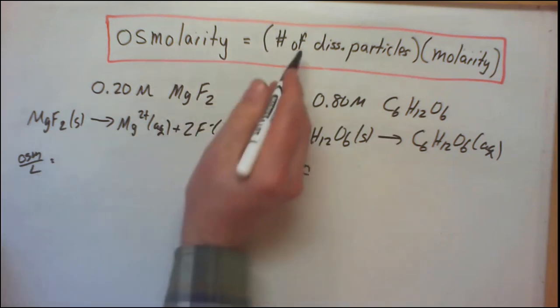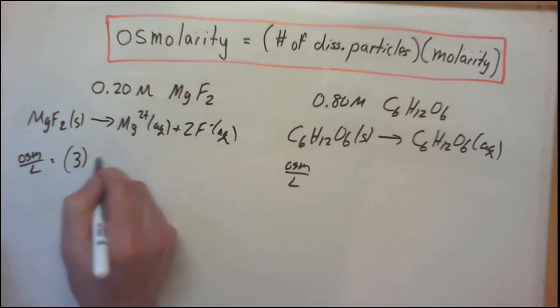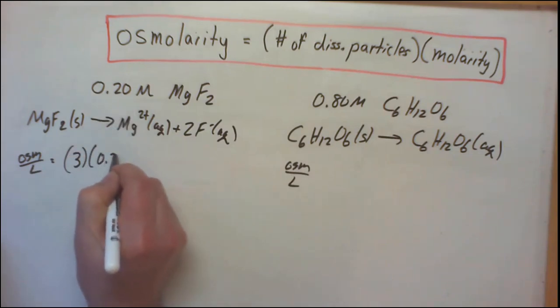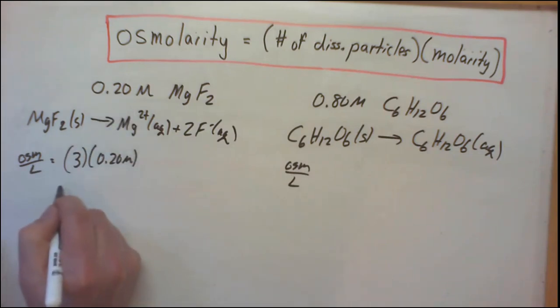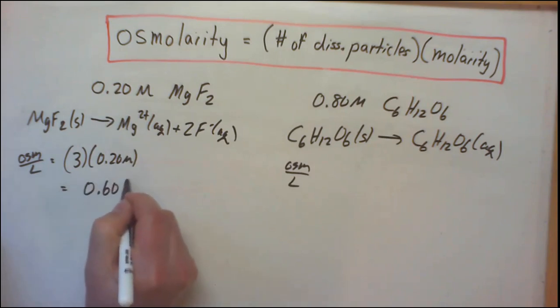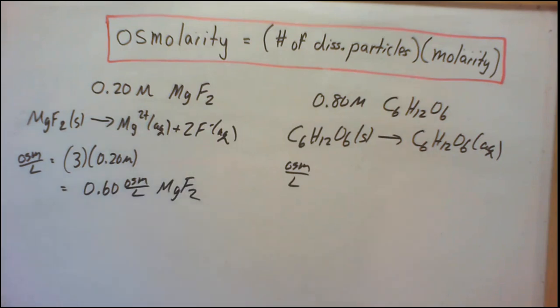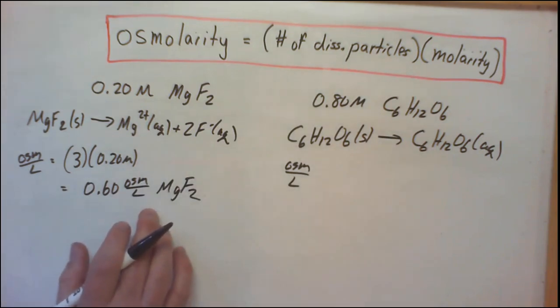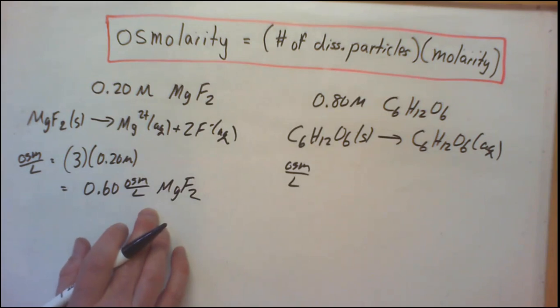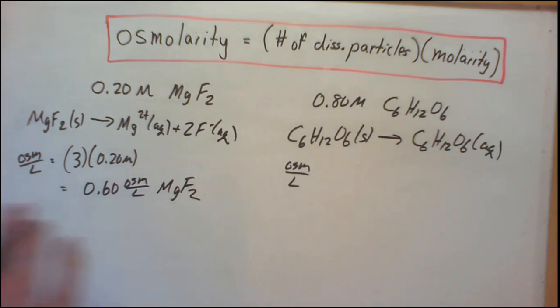So our osmolarity will be equal to the resolved particles, 3, times the molarity, to give us an osmolarity of 0.6 osmoles per liter of magnesium fluoride. So that's the osmolarity of the solution. That's the number that's relevant when predicting freezing points, and as we'll see later, also boiling points.